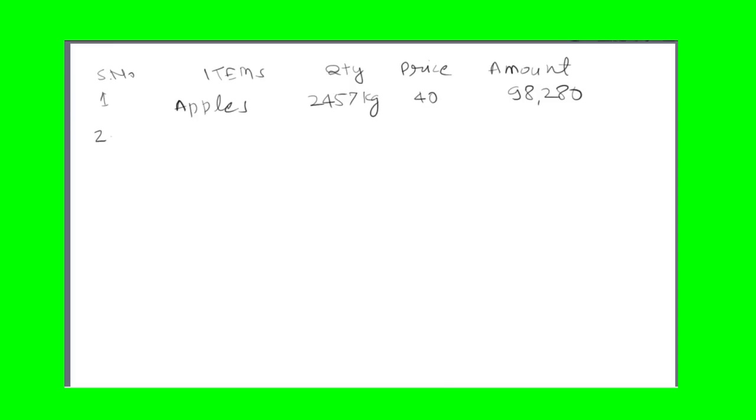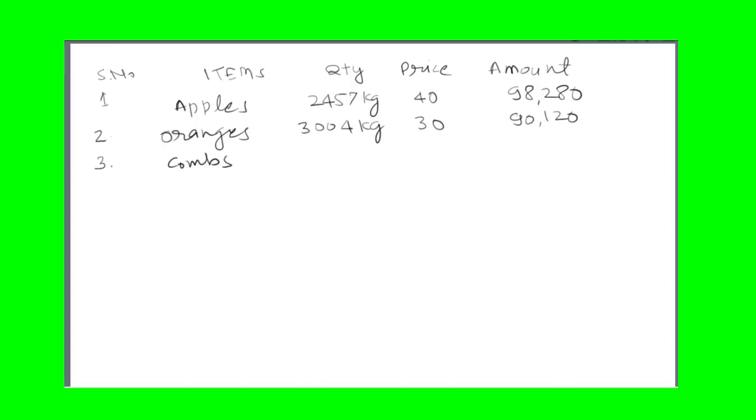Item number 2 which sold was oranges. The quantity sold was 3,004 kg. The rate was 30 rupees and the total cost comes out to be 90,120. The third item is combs.